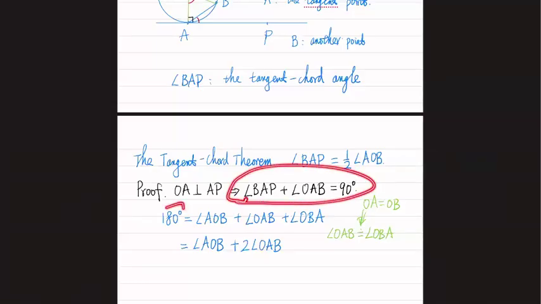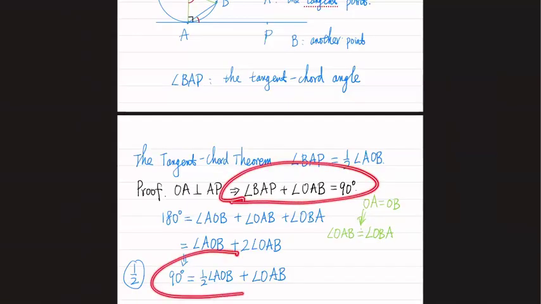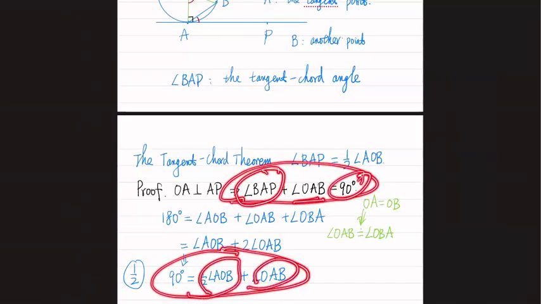We divide both sides by 2, we get 90 degrees. And compare with this one: BAP plus OAB is 90, and this OAB plus AOB over 2 is 90. They both add up to 90, so these two angles must be the same.